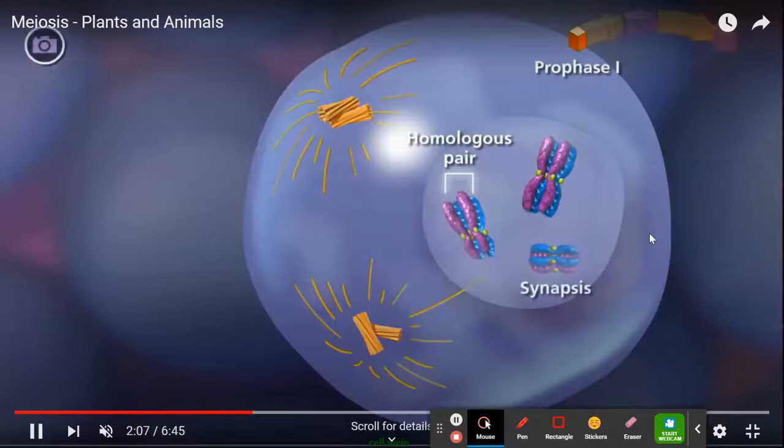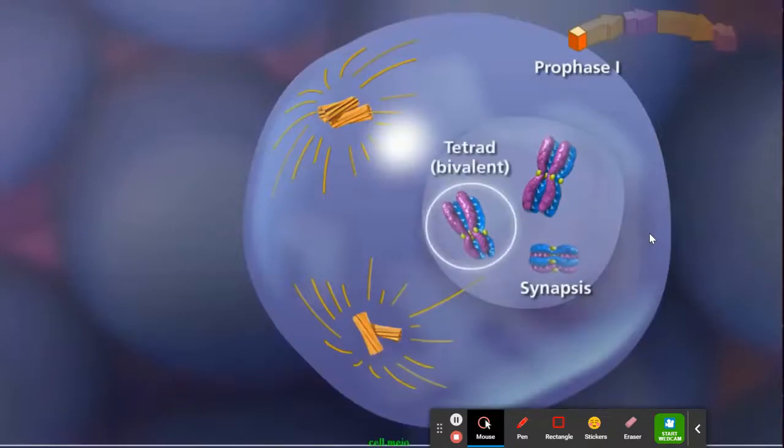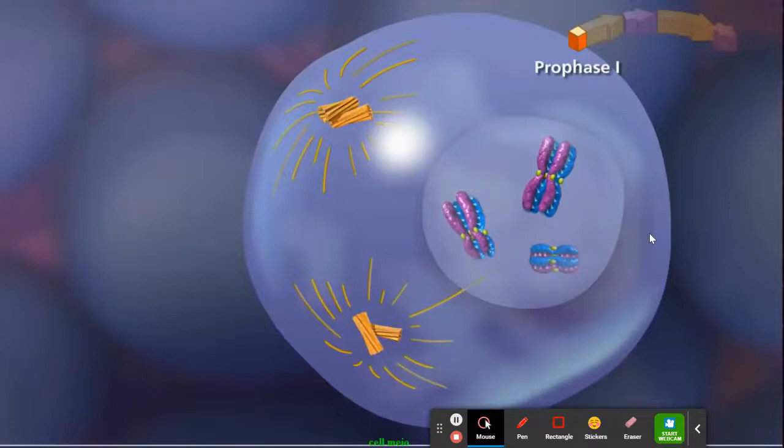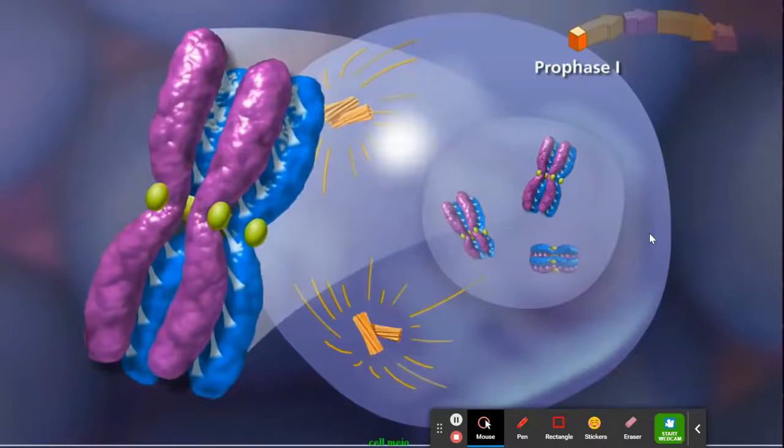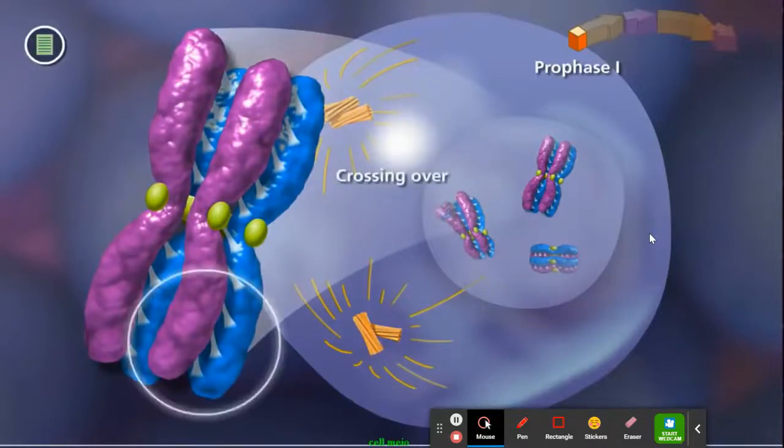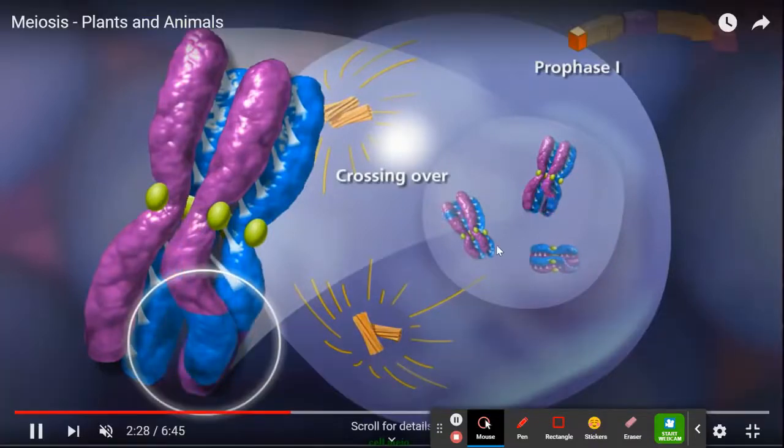So the second thing that is going to cause genetic diversity in meiosis, or in this gamete production, is something called crossing over. It's where the homologous chromosomes that are paired up have come together, and they will shuffle traits between the chromatids.